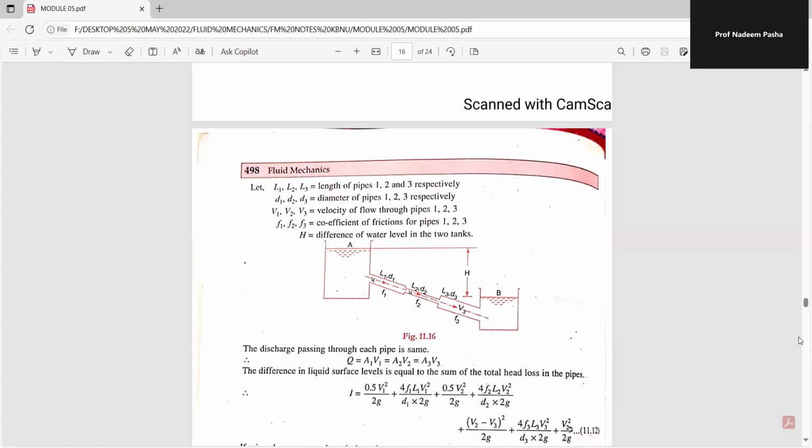Next, Q is equal to A1 V1 is equal to A2 V2 is equal to A3 V3. Now, the difference in liquid surface is equal to the sum of total head in the pipes.